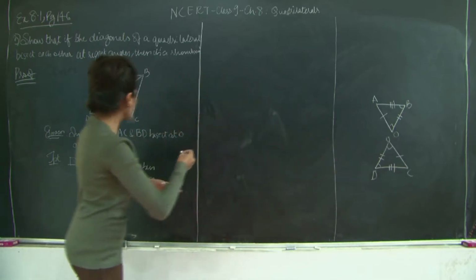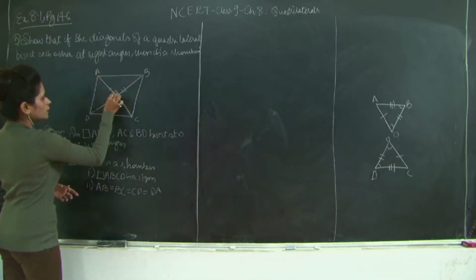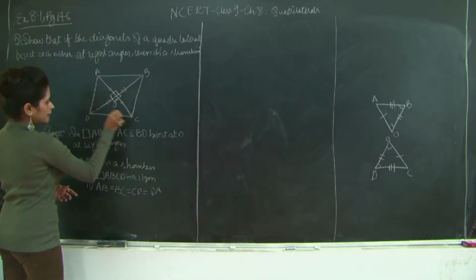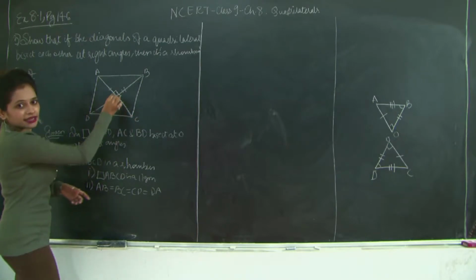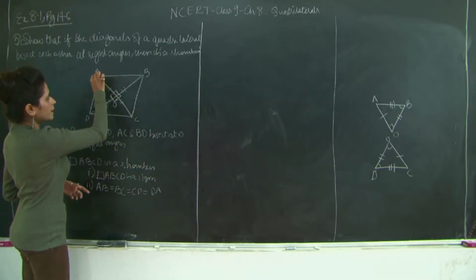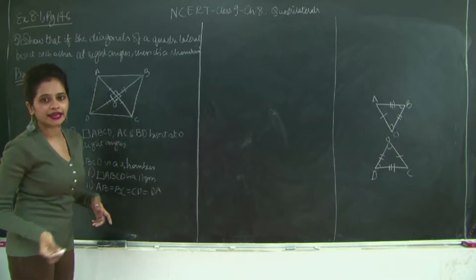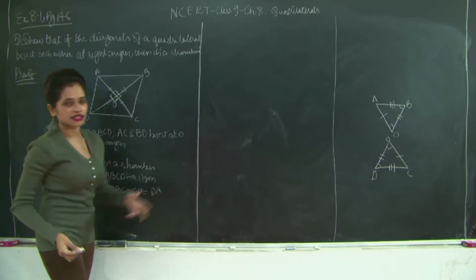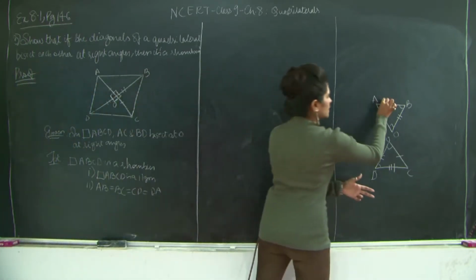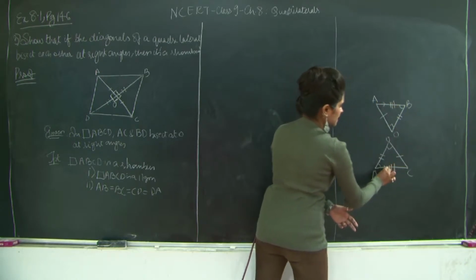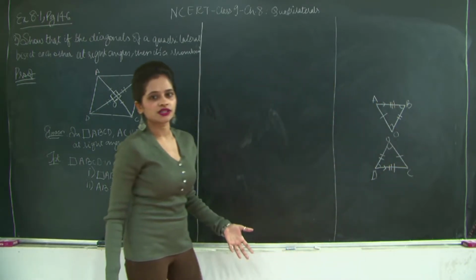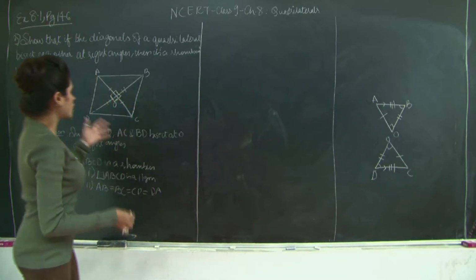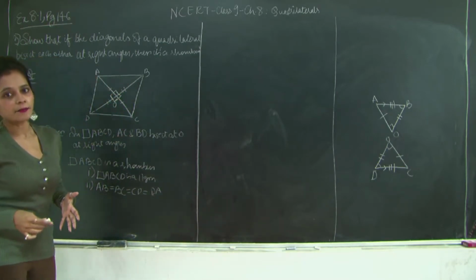Let's come back to our diagram and see. Angle ABO and angle COD, they are a pair of alternate angles for lines AB and CD. Therefore, what can I say? That AB is parallel to CD. So, what have we proved? That AB is parallel to CD as well as AB is equal to CD. Therefore, I can say that my quadrilateral ABCD is a parallelogram.